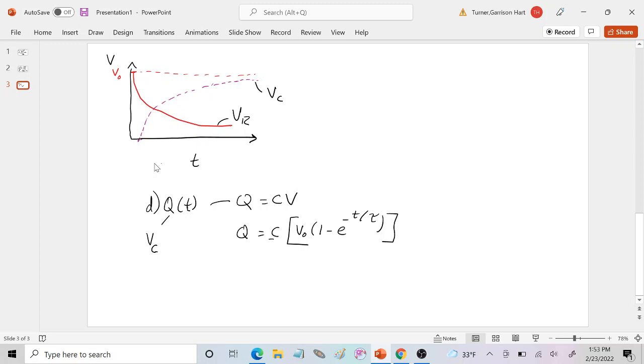And C times V naught is just the total amount of charge that the plates can have, Q naught. So Q is going to grow as Q naught times 1 minus e to the negative t over tau. And that is the capacitor and resistor in series when the capacitor is charging.